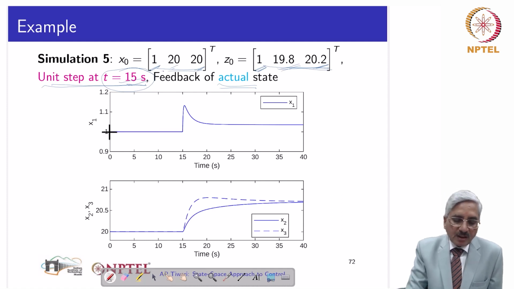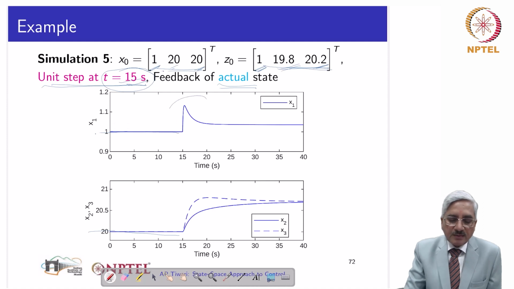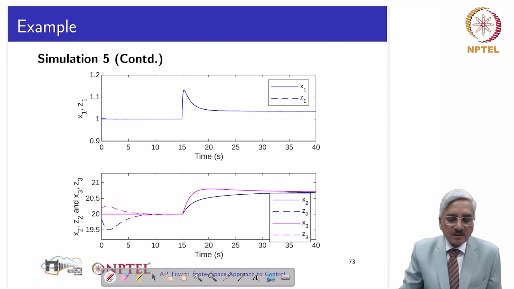Because x1, x2, x3 are at equilibrium, they remain so, no initial variation is seen, and whatever variation is seen is in response to the unit step input at t equal to 15 seconds. That is reflected in the behavior of x1, x2 and x3. Observer states: Z1 is exactly equal to x1. It is always tracing the same.